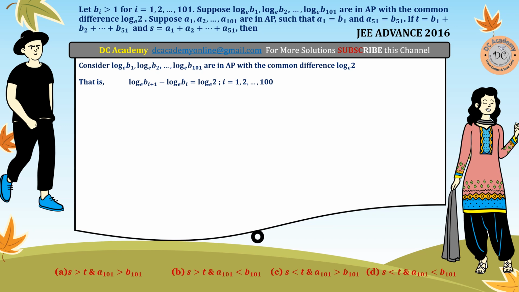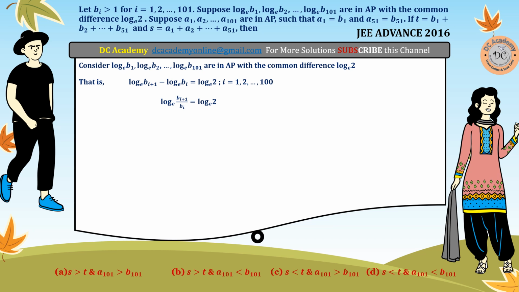Now we need to apply the properties of logarithm. We know that log A minus log B is equal to log A by B. So it will be reduced to log of Bi plus 1 divided by Bi is equal to log 2.